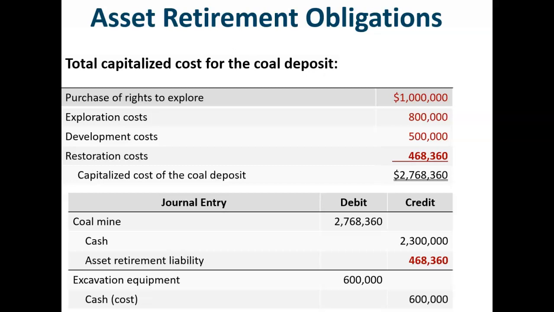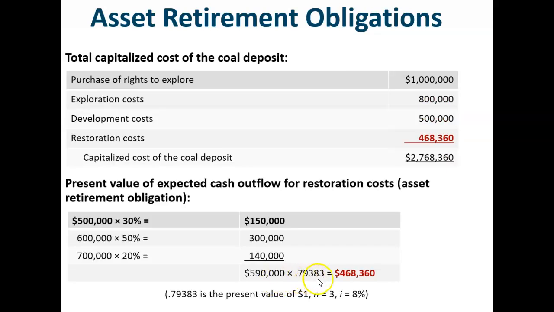In addition to recording the capitalized cost of the coal mine and the excavation equipment, as we saw in our last video, the company must also account for the difference between the asset retirement liability of $468,360 and the probability weighted expected cash outflow for restoration costs of $590,000.